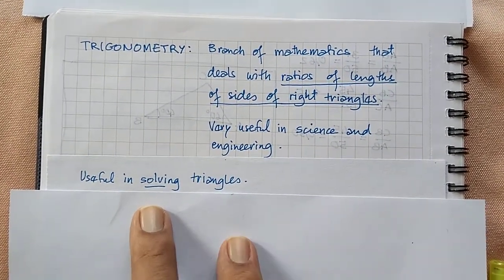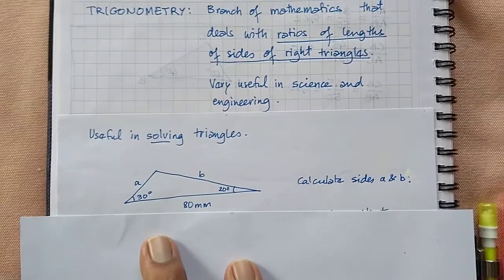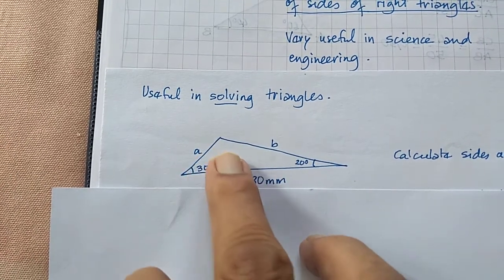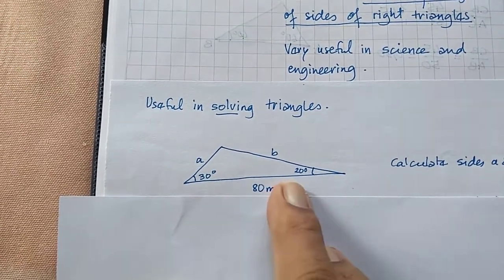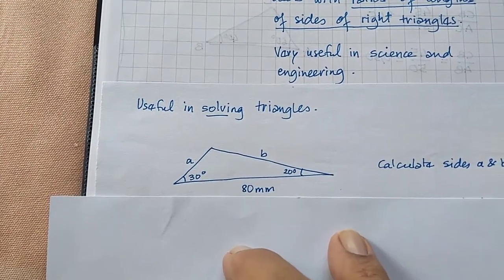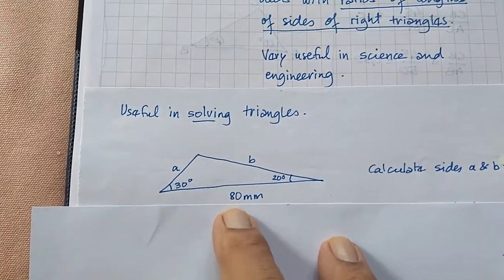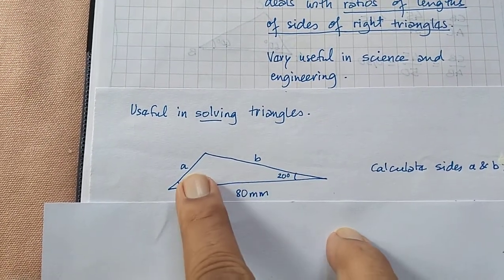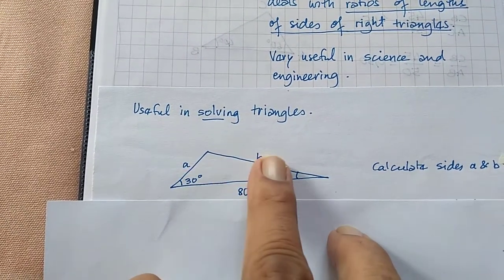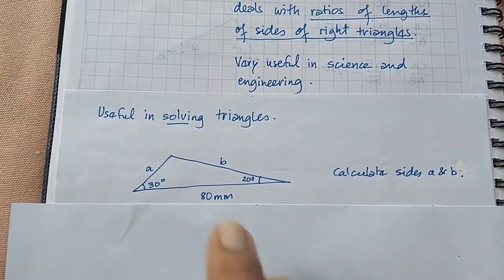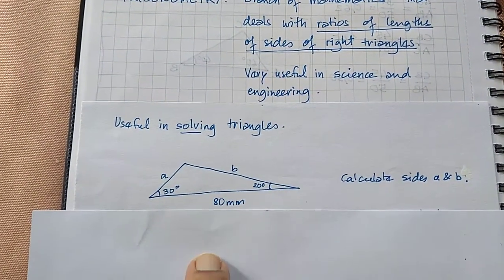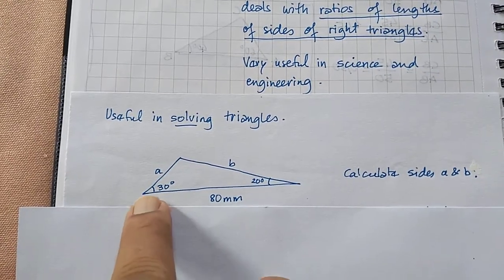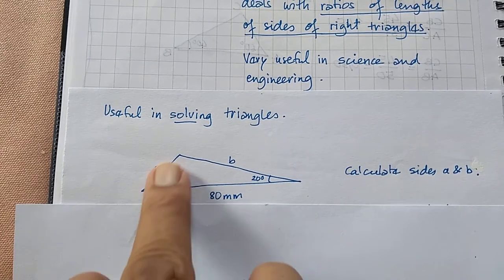Now, what do I mean by solving triangles? It means that if I give a problem like this, I give you a triangle, 30 degrees, 20 degrees, whatever that is, and this is 80 millimeters. What's the length of A and B? So, now the only way you could do it at the moment is if you drew it with a scale, with a rapporteur, you mark the angles and you draw it and you measure side A and side B. But you will have a lot of errors in there, because you will have measurement errors both in measuring the angle as well as the lengths.